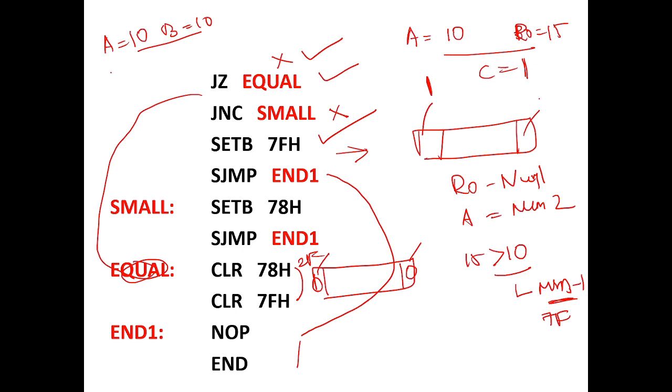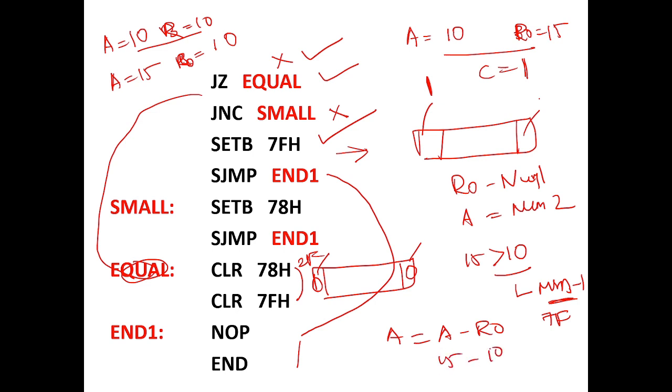So consider another way. A is 15 and R0 is 10. If you consider this logic, you don't have a carry, right? You will not have a carry because we know that A equals A minus R0. So A here is 15 and B is 10.